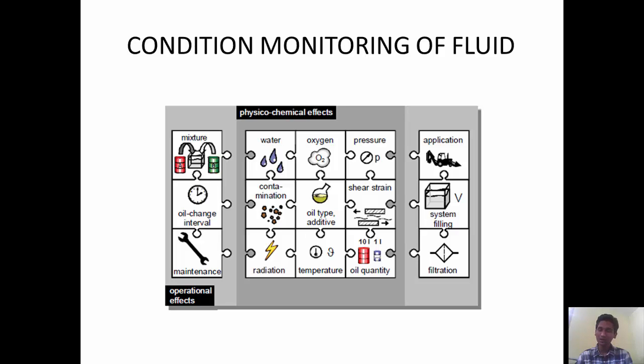Because of particles, there is wear and tear of the machine. Then shear strength that occurs with radiation and temperature. As I already told, because of the temperature increase, the viscosity will also be affected. Then oil quantity: if more oil is wasted, the oil quantity will reduce.